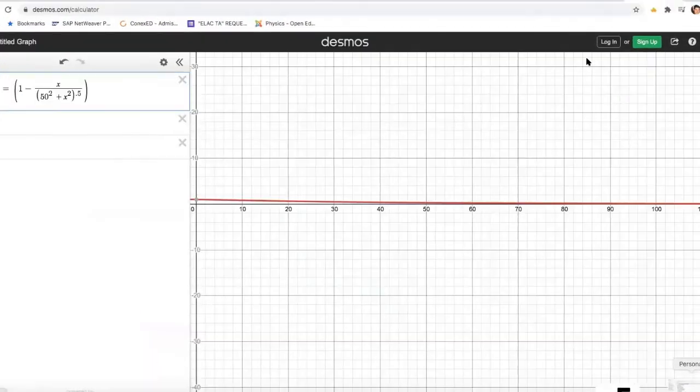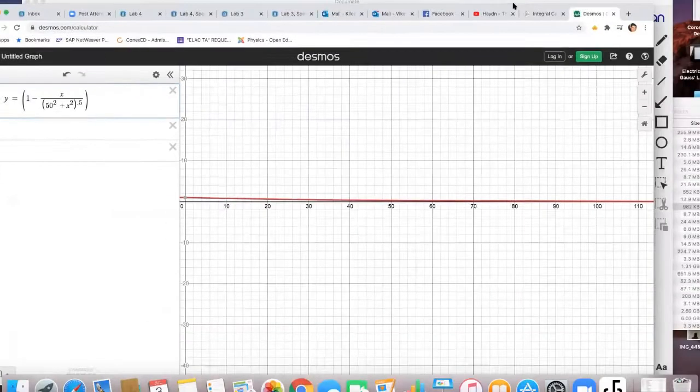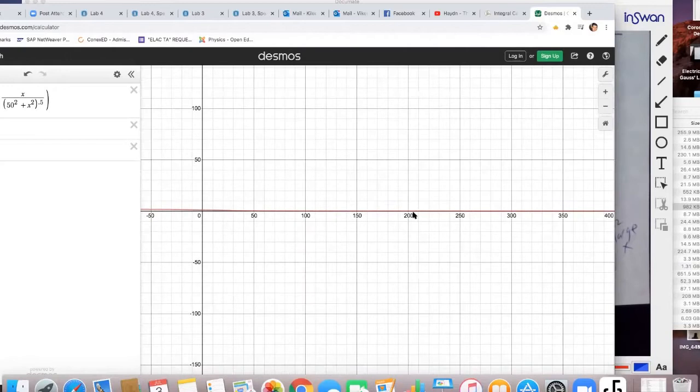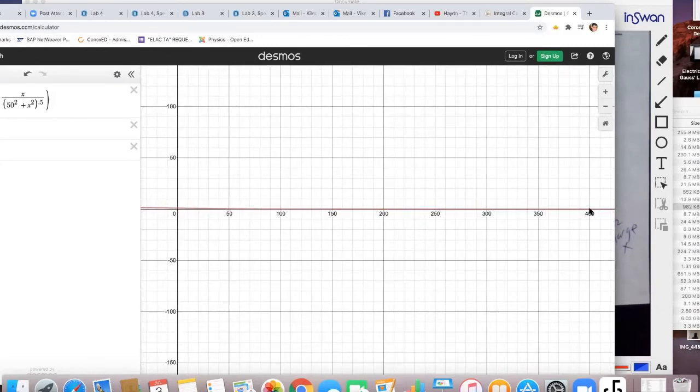But if I go far enough, zoom out, zoom out. So now if I find the electrical field at 200, 0.03. Then go to 400, 0.008. So now take 0.03 divided by 4.